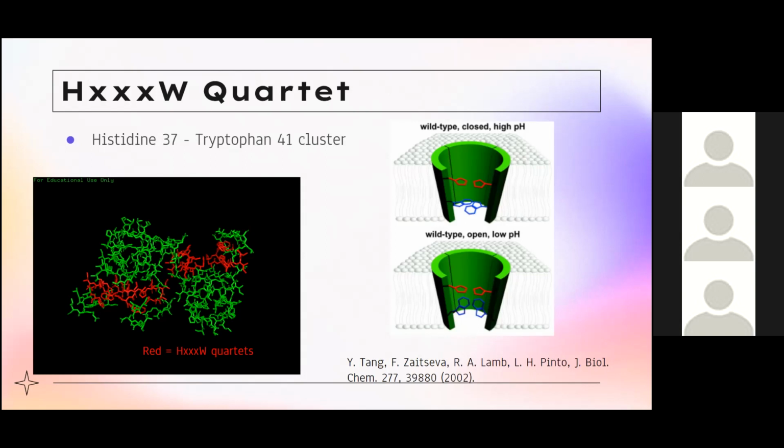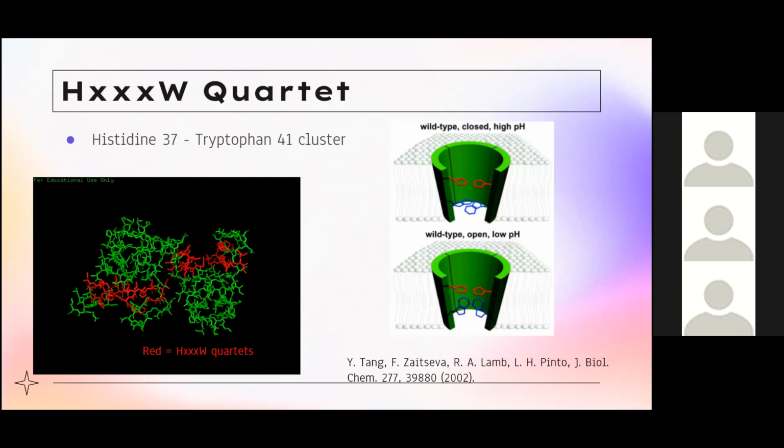And on the bottom, it shows the M2 channel in the open state with a low pH on the outside. When the pH on the outside is low, the histidine 37 is charged, which allows for the rotation of the tryptophan 41 to a conformation parallel to the pore's axis, which allows hydrogens to flow.